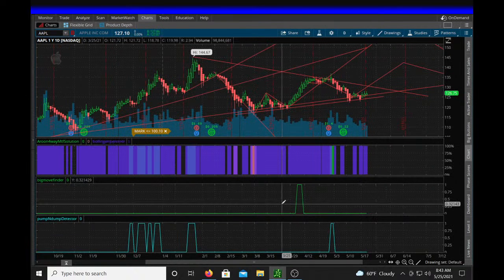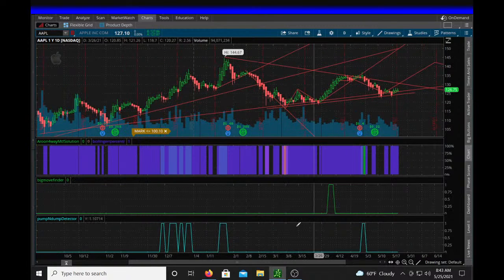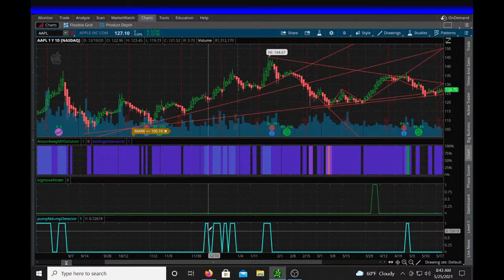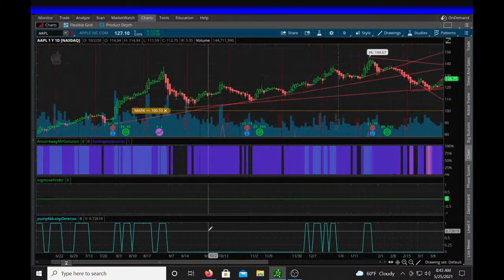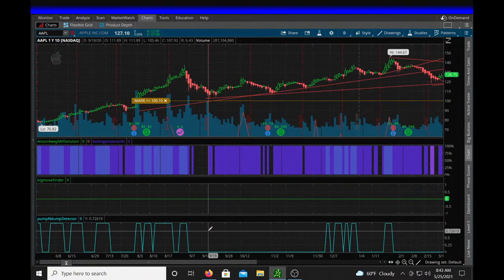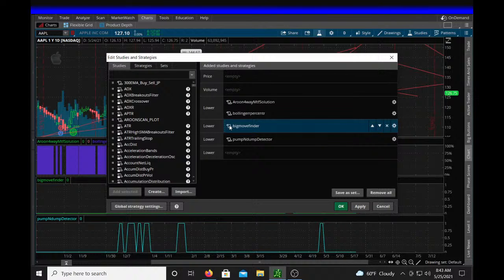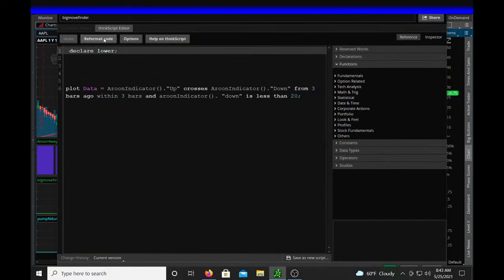As you can see, the big move finder is different from the pump and dump detector. Now, the pump and dump detector is looking for pumps and dumps. The big move finder, or I guess we could change it to detector. I was probably very late when I named it. Okay. And this is what defines it. So go ahead and make that yourself.